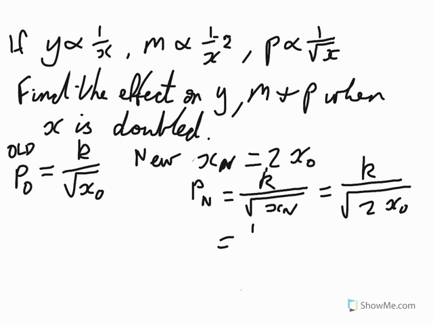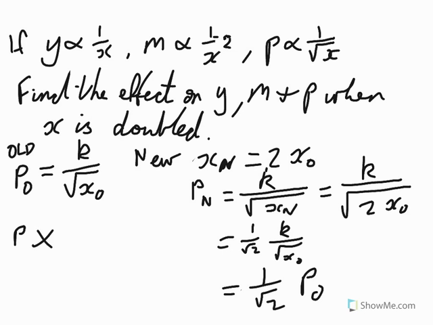So 1 over square root 2 k over root x old, and k over root x old is the old p. So the new p is 1 over root 2 times the old p. So what's the relationship? The relationship is that p is multiplied by 1 on root 2 or divided by root 2, whatever.